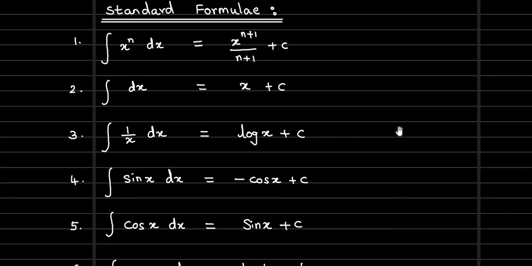Then put plus c. Now integral dx. Here the function is not given. If nothing is given, we need to understand that constant 1 is there, that is x power 0, which is 1. So use the same formula and you will get this result, x plus c.